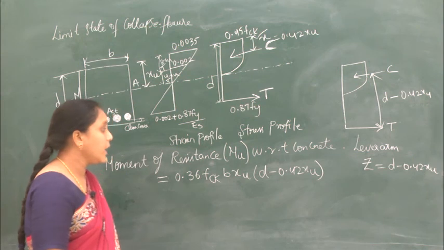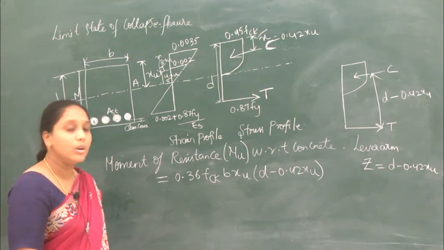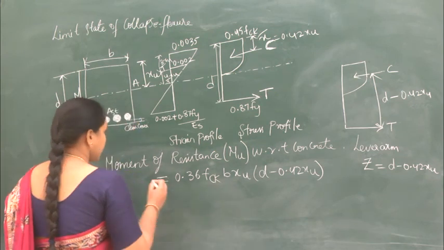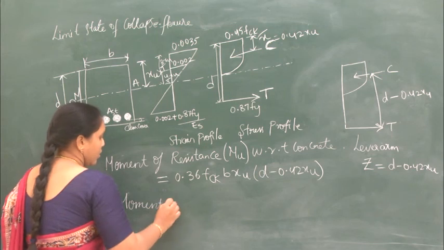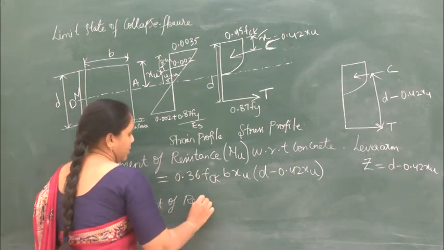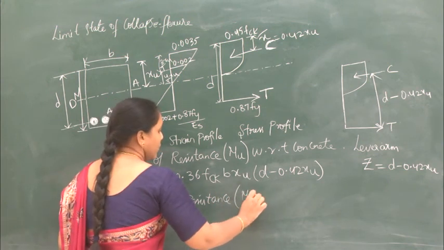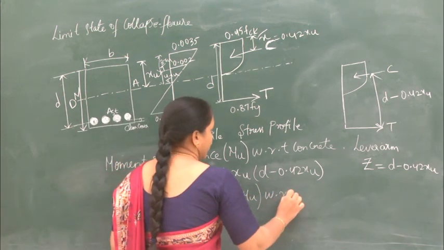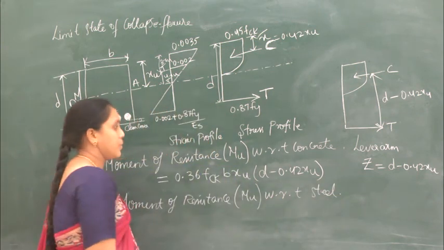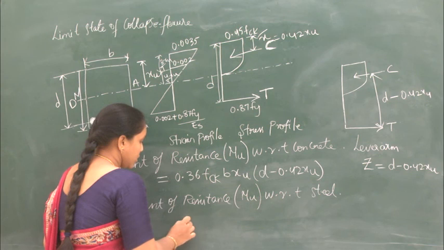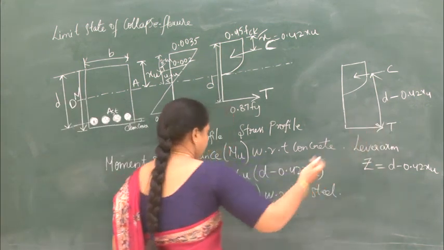In a similar way, we can calculate the moment of resistance Mu with respect to steel reinforcement. It is also the force into the perpendicular distance. Here it is T. What is the force?